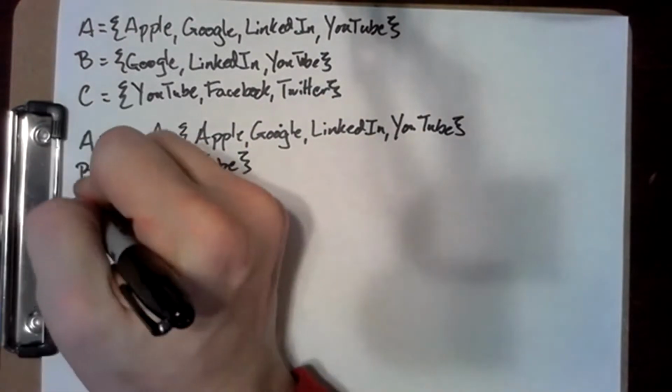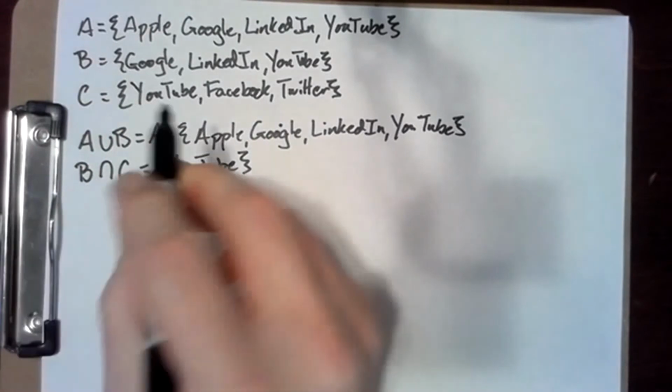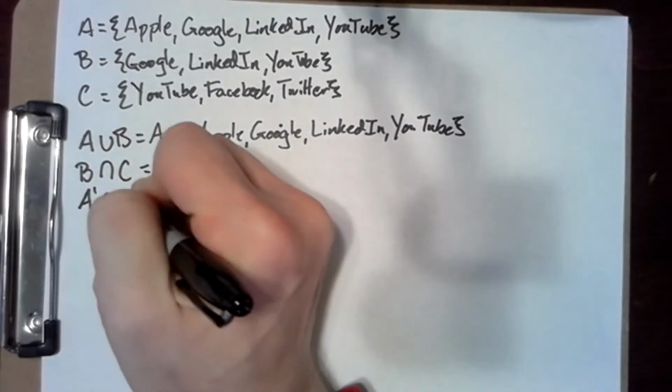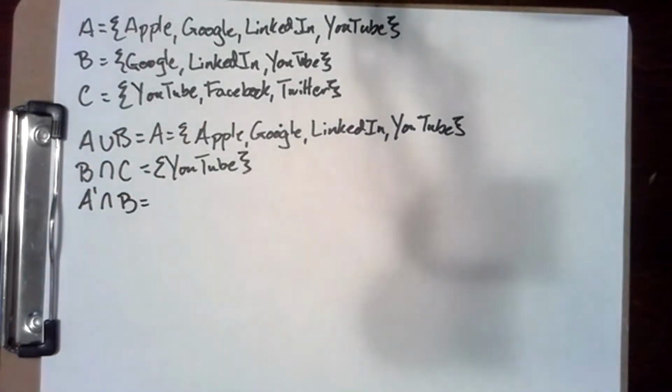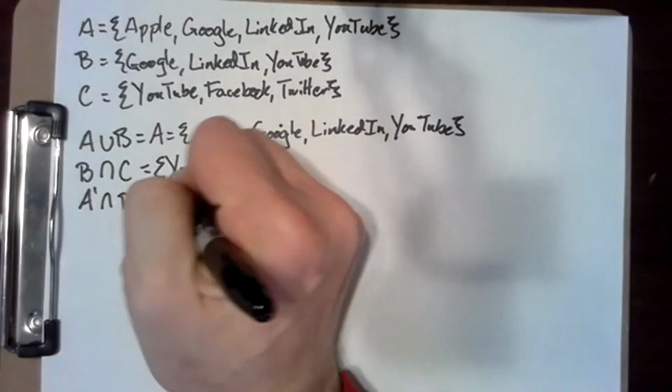We want to find the intersection of the complement of A and B. Well, the complement of A is everything that is not in A, which is Facebook and Twitter. But none of those are in B either, so the intersection of the complement of A and B is the empty set.